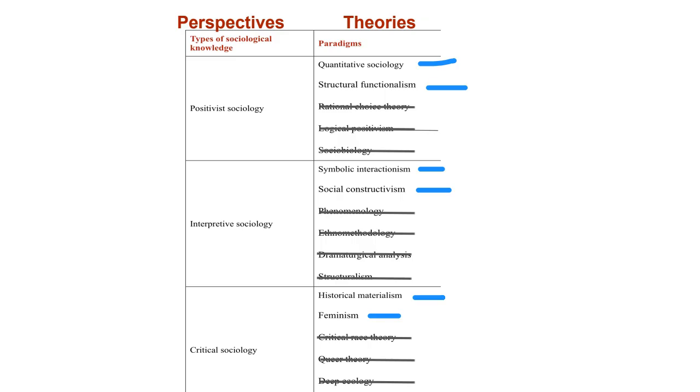I am not going to cover feminism, and the reason is Little does a really good job, and I have nothing different to say than what Little says, or nothing to enhance that. So these will be the next videos here. We'll start in on these specific theories and identify the key concepts, assumptions, and ideas that exist within each and in their look at social life.